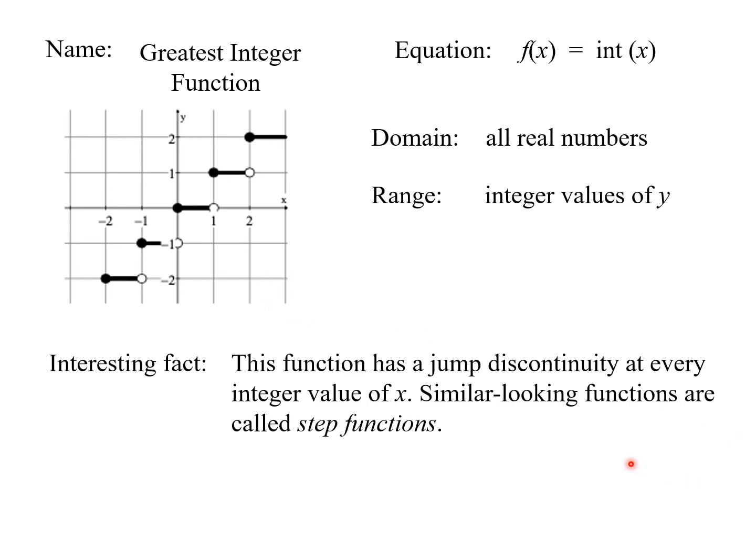An interesting fact about this: it has a jump discontinuity at every integer value of x, and these are also called step functions. We'll explain the jump discontinuity in a later section, although I think you've heard about it before. Greatest integer functions have applications in computer science, because certain programmers take advantage of them.